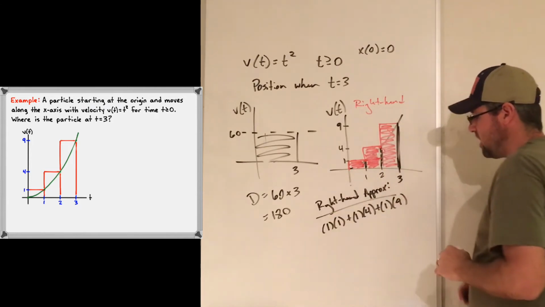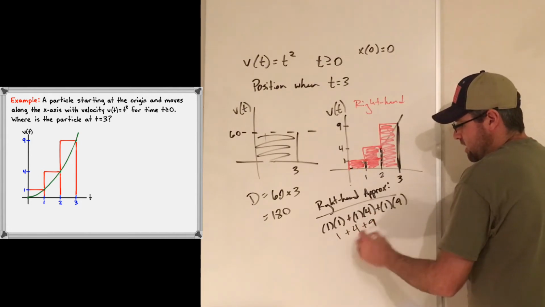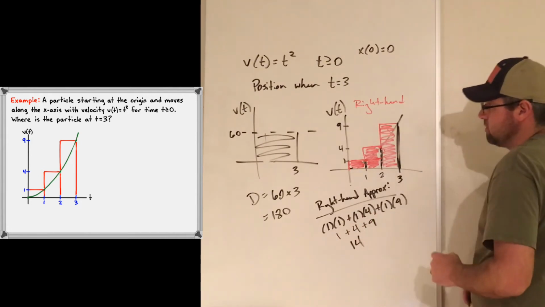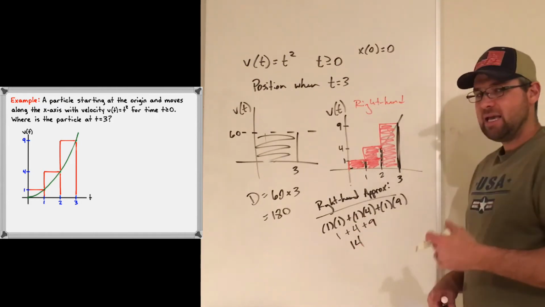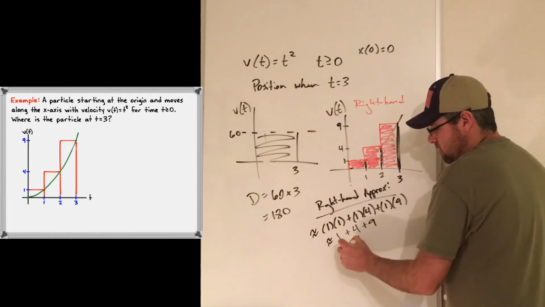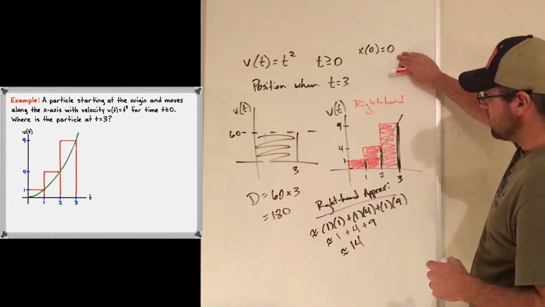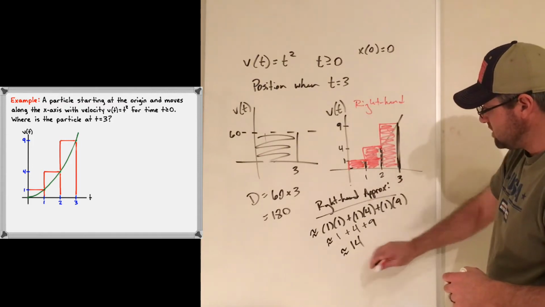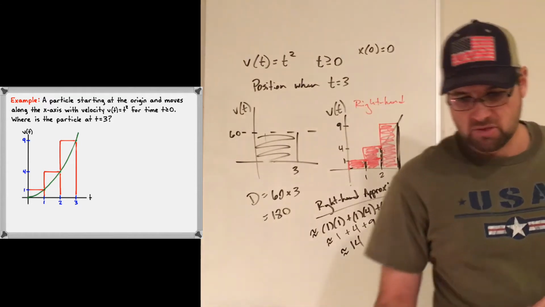And so when I add those up and simplify, I've got 1 plus 4 plus 9, which is 14. So we would say that the distance that we traveled is approximately, and that's important, approximately 14. Because we started at position 0, and we add to it the distance that we traveled of 14, my position is going to be 14, 0 plus 14.